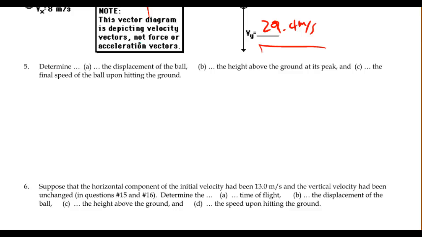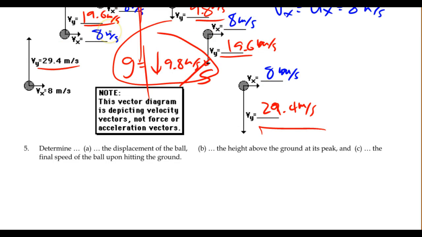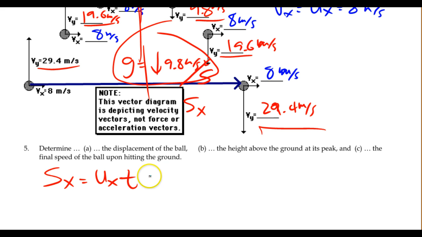Okay, using that data, we're going to figure out the displacement, how far the ball has moved. Now, keep in mind, the displacement is going to be a vector. It's a straight line from where the ball started to where the ball finishes. So it's this straight line displacement right here that I want to measure. That means really what I want to measure is Sx, the distance in the x direction. Sx is equal to ux times t.